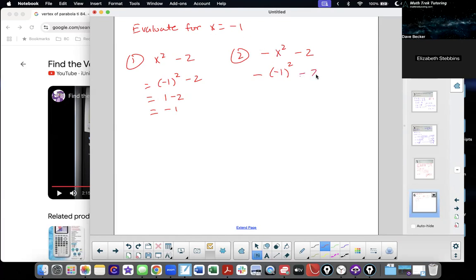Do you see the difference? Yes. And then when you square this -1, it becomes positive, but there's a negative hanging out in front being annoying. Okay, I see.